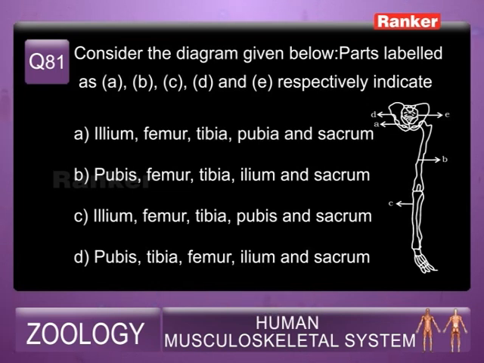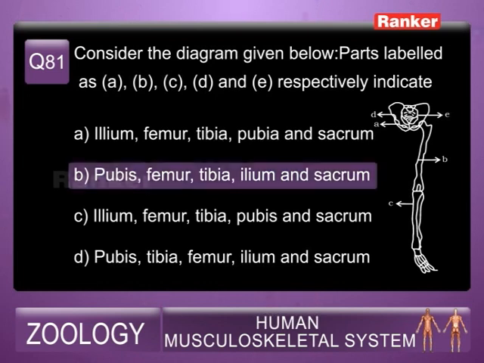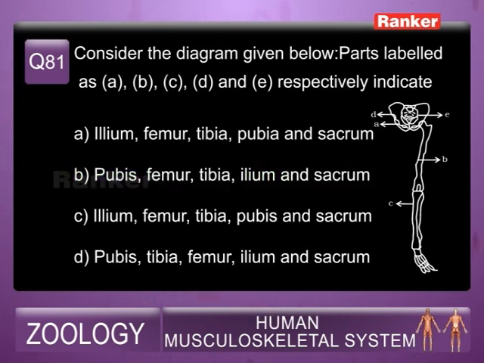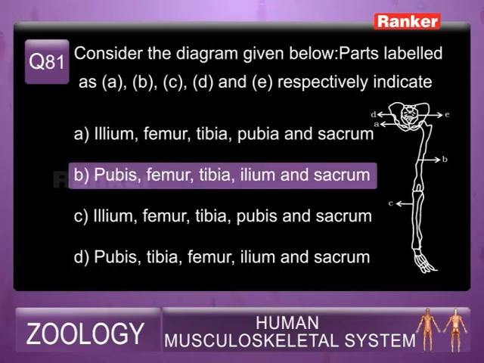Next D represents the iliac bone, and E is representing the sacrum, that is, sacral vertebrae are labeled there as E. So the answer for this is B, that is pubis, femur, tibia, ilium and sacrum. So for the 81 question, the answer is B.